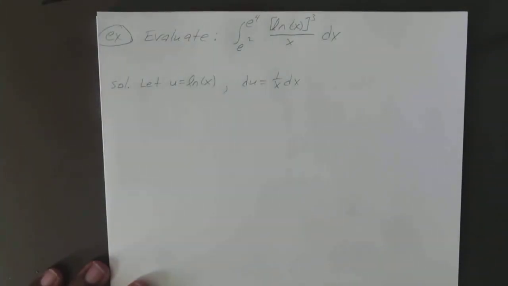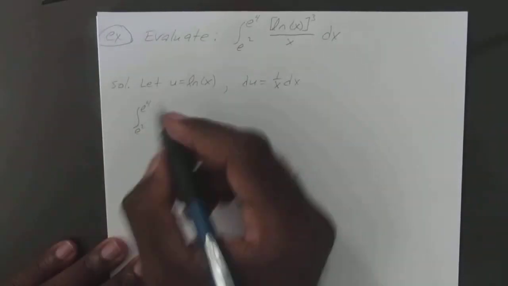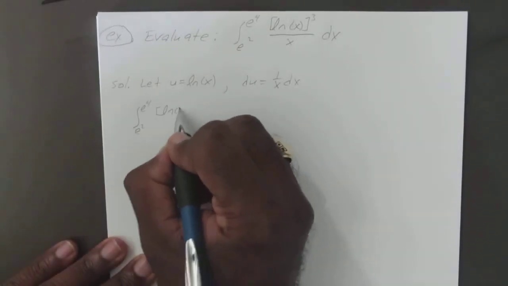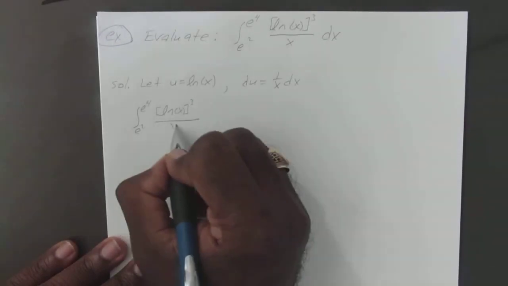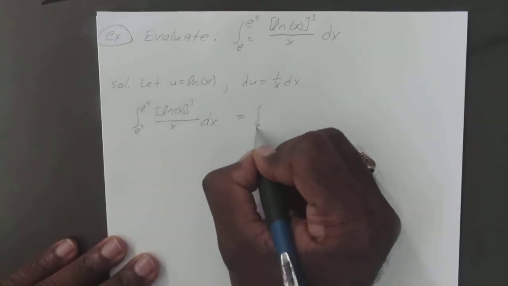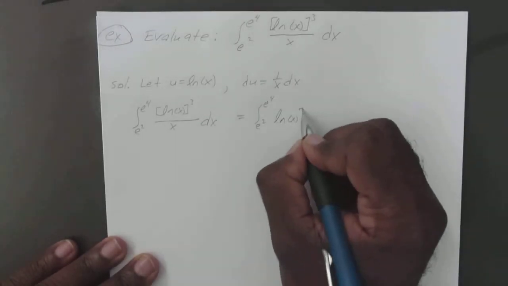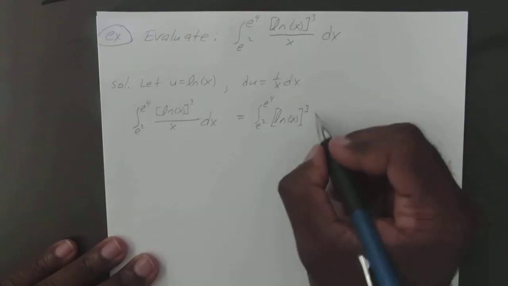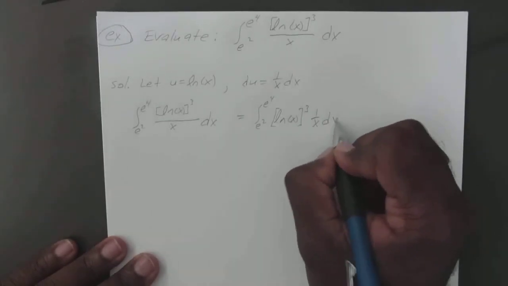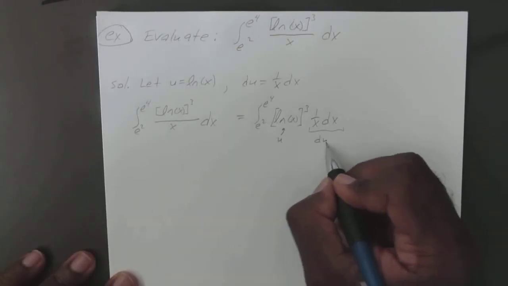The derivative of natural log of x is 1 over x, so our du is going to equal 1 over x dx. Looking at this one, the integral from e squared to e to the 4th of natural log of x to the 3rd over x dx, you can actually rewrite it as natural log of x to the 3rd times 1 over x dx.